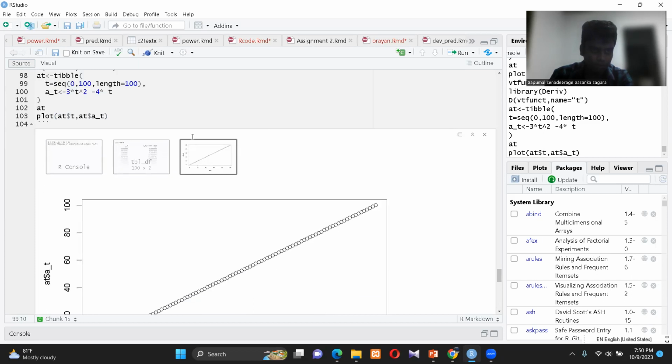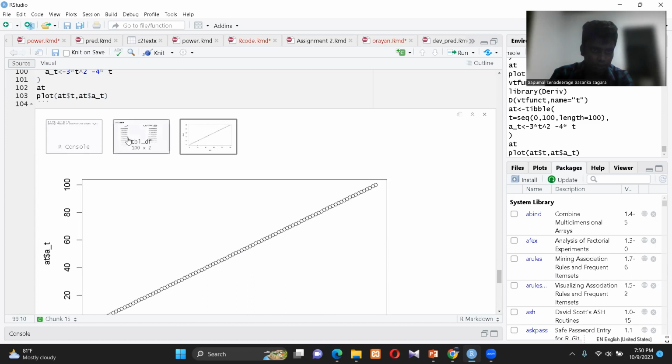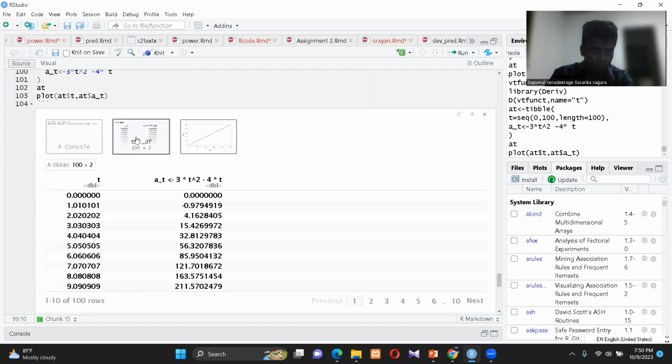Let me check this data frame. It's slightly different, and this should be changed because of the data frame.